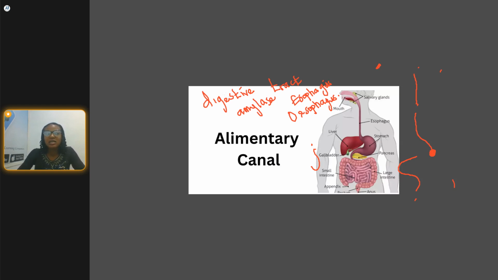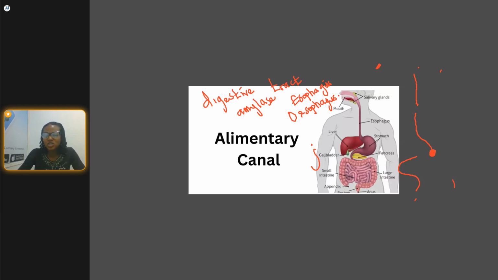The large intestine absorbs water and also the particles that are not needed in your body, the waste forms the feces in the large intestine.